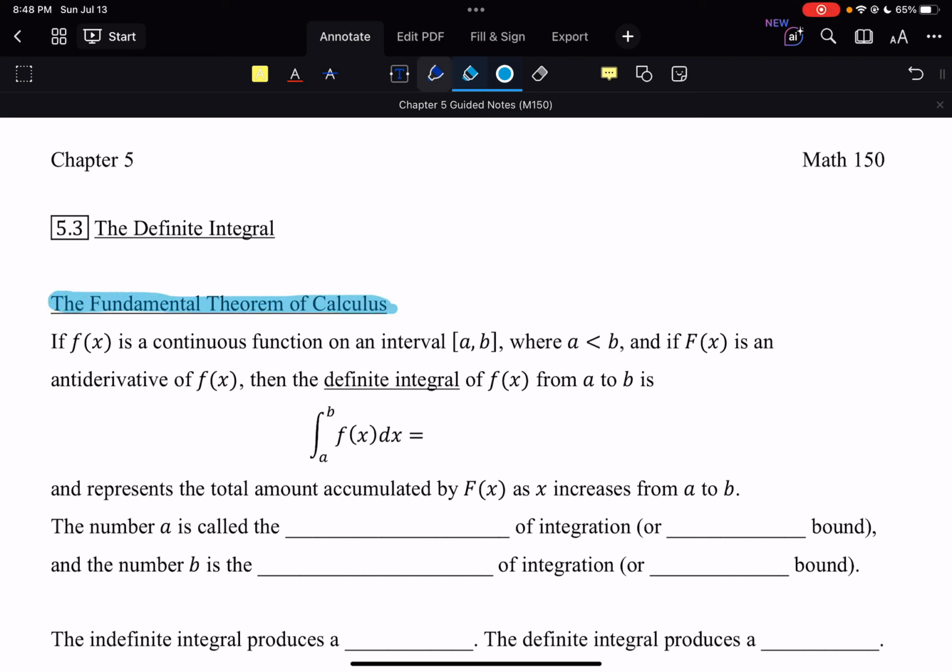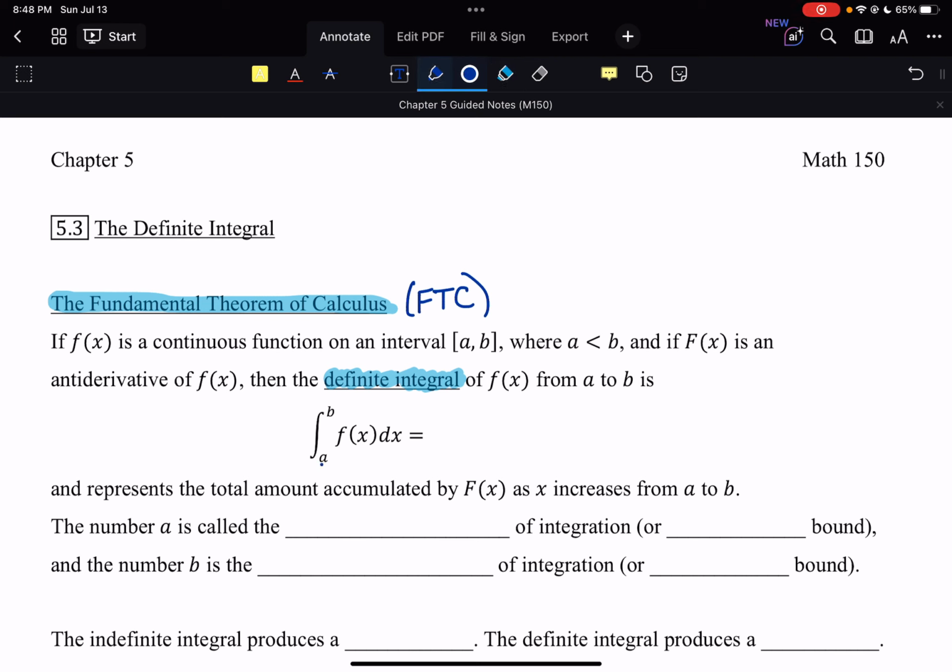It took us all the way to chapter 5, but we made it to the fundamental theorem of calculus. This is often abbreviated the FTC. It says, if f of x is a continuous function on an interval from a to b, with a being less than b, and capital F of x is an antiderivative of our function, then the definite integral of f of x from a to b is given here.